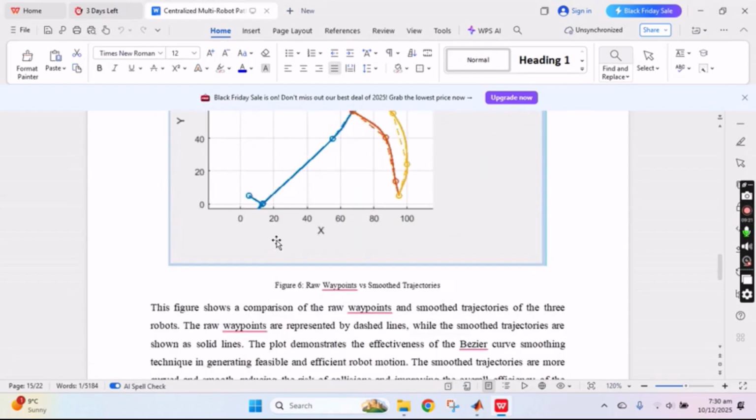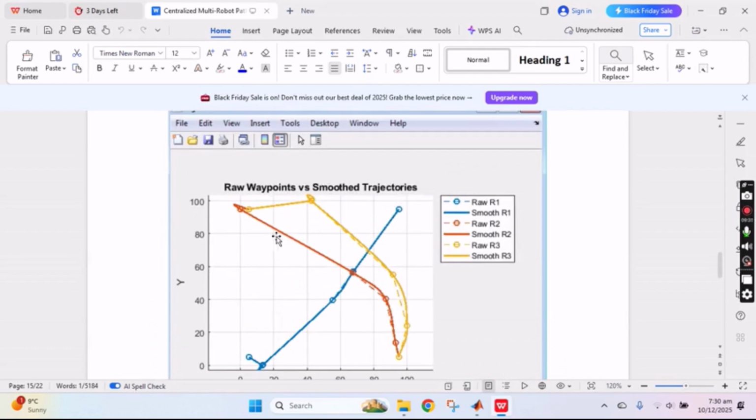Okay, these are the trajectories with the raw waypoints, according to the comparison of trajectories through three robots basically. The yellow line shows the trajectory part, and the circle lines represent the raw points, and the smooth path is displayed with the solid line.